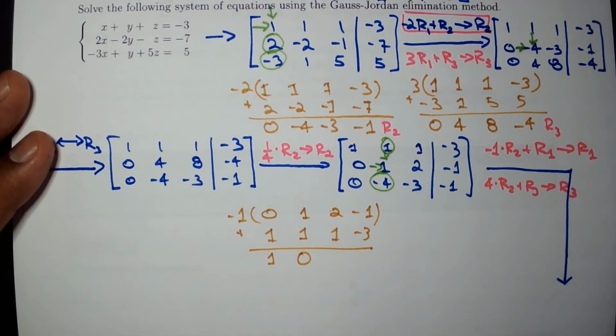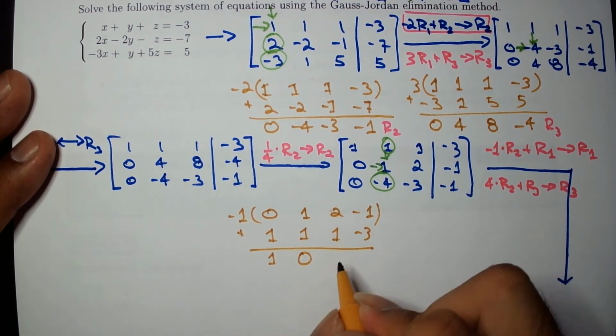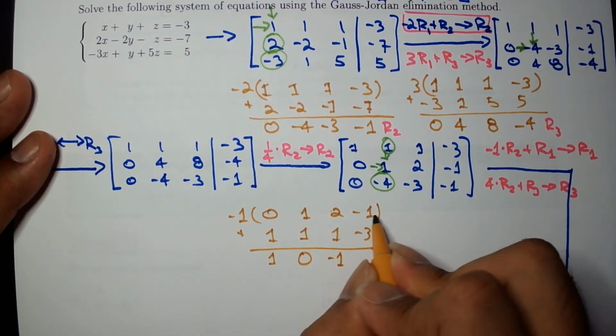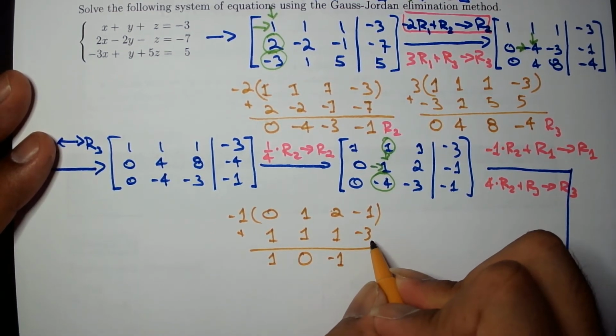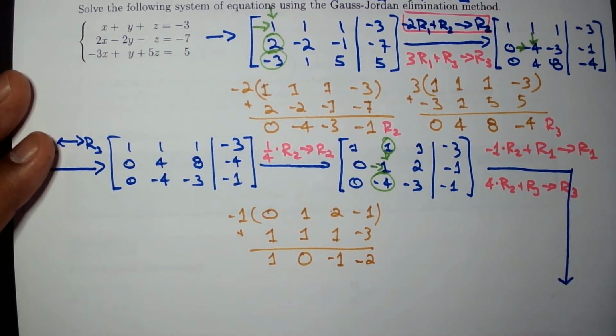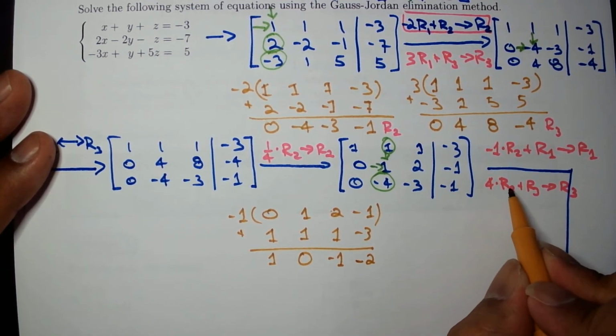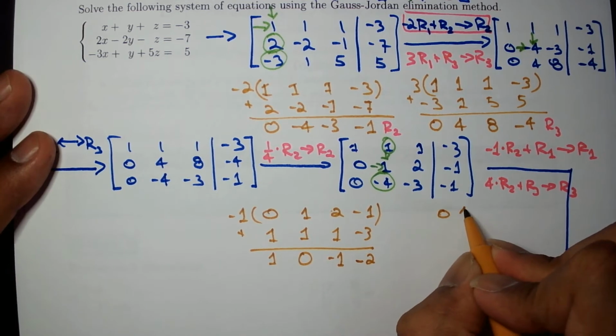Actually, the 0 that we want. Yes. -1 times 2, that's a -2 plus 1, that's a -1. -1 times -1 is +1 minus 3 equals -2. Let's do the other operation. The second row times 4 plus the third row. So let me write down the second row first again.